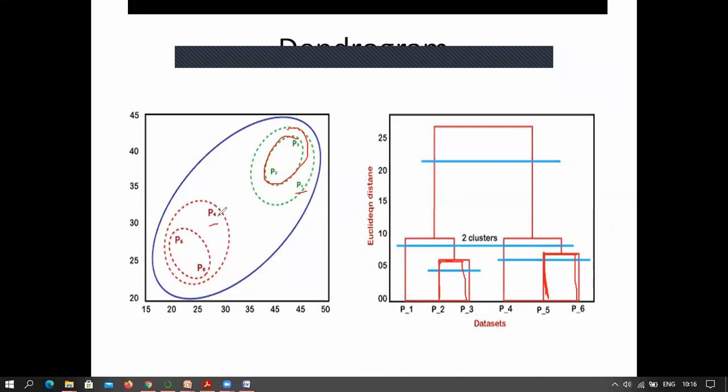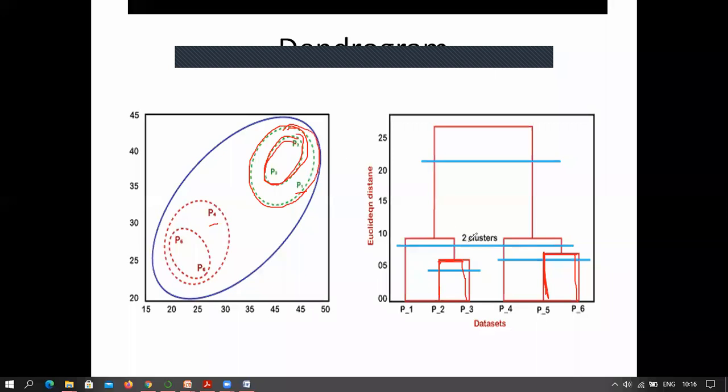Next, again you find the Euclidean distance between each pair of these data points or clusters, and you select the closest clusters. Suppose the distance between P1 and the cluster P2, P3 is the smallest, you have to combine them. Now I'm combining this cluster and the P1 cluster, making a new cluster.